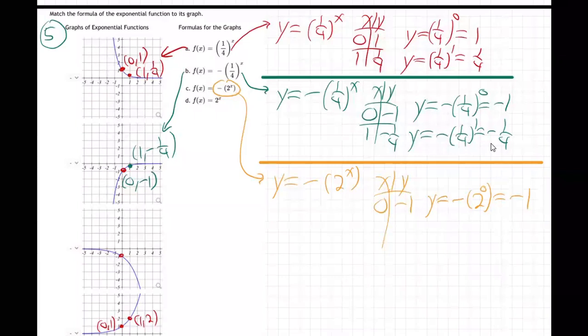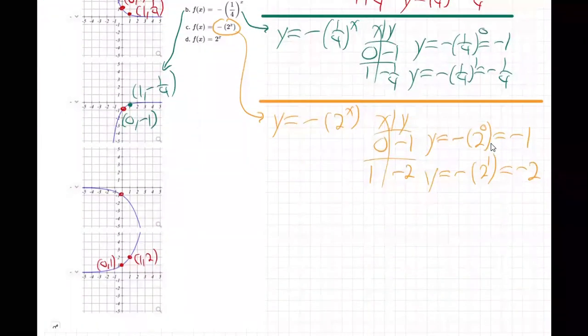Over 0 down 1, and then plug in 1, minus 2 to the 1, which is -2. So over 0 down 1 and over 1 down 2. Yeah, look at that. They went in perfect order.